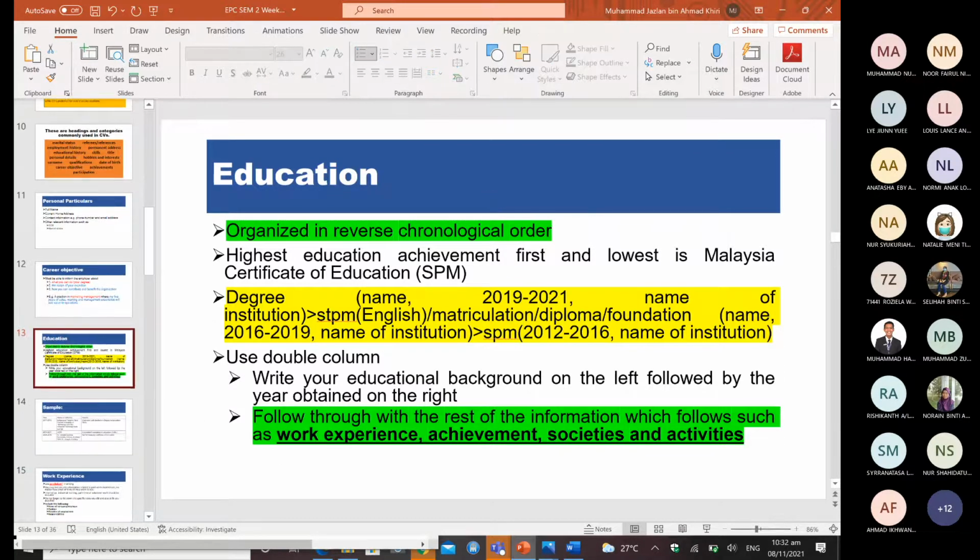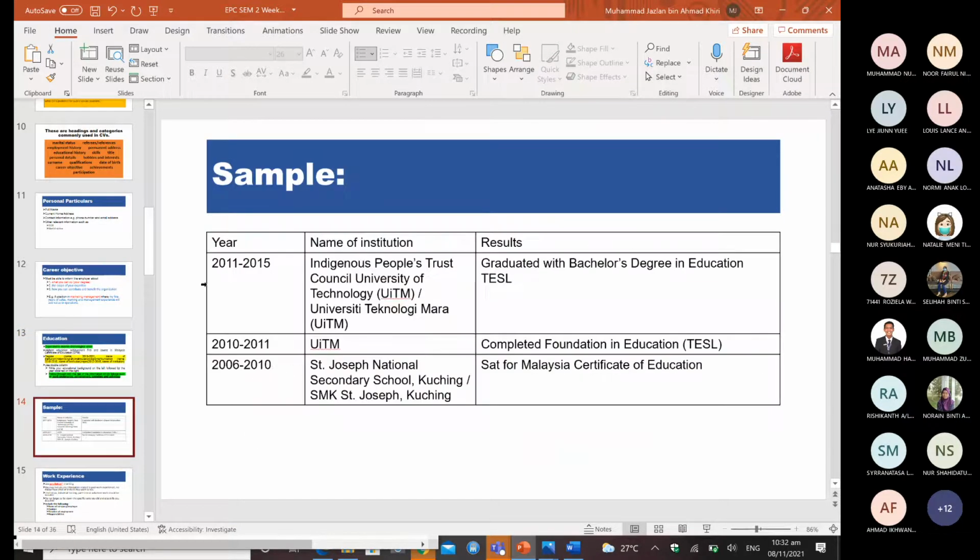You will also apply the reverse chronological order of writing in the work experience, extracurricular activities, and so on. This is just a sample of how it would look.